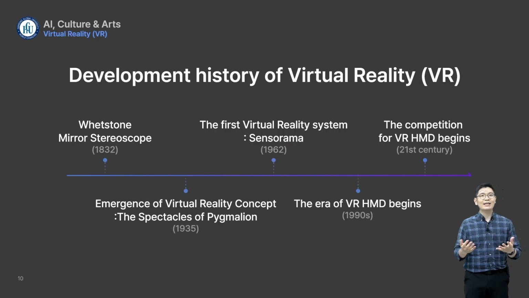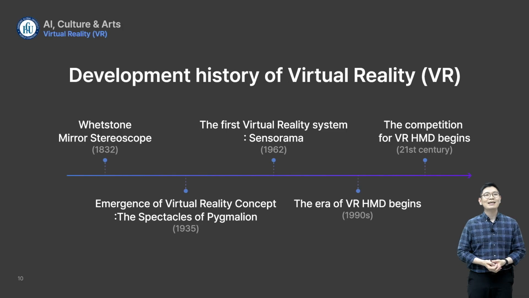Virtual reality has a surprisingly long history. I didn't even know about that. But this traces back to the early 19th century. In 1832, English physicist Charles Wheatstone invented the stereoscope, an early device that used parallax to create the illusion of depth, laying the foundation for VR.